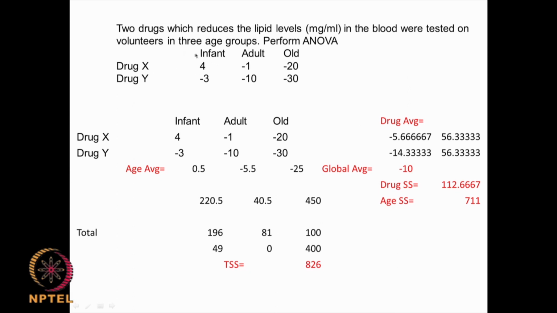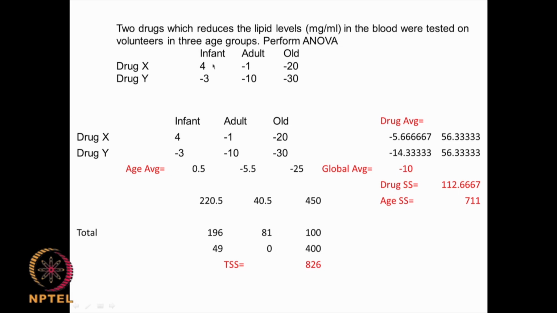So we have the age group with 3 different levels, and 2 different drugs X and Y. They are supposed to reduce the lipid levels, in mg per ml in the blood. So we tested on 6 volunteers, okay, and these are the results.